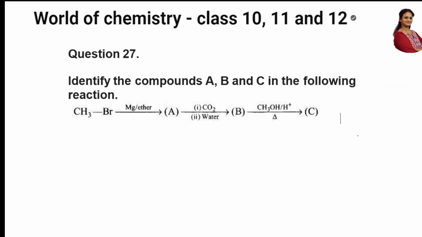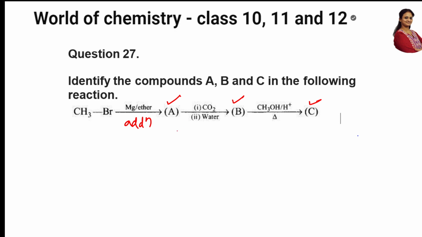Next question. Identify the compounds A, B, C in the following reaction. CH3Br, Mg, ether gives A; I have to find A, B and C. First is what, students? It is nothing but Grignard's reagent, so an addition reaction will happen. Then you're adding carbon dioxide and water.